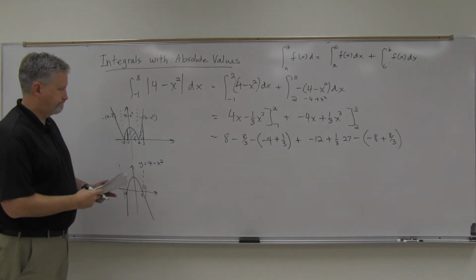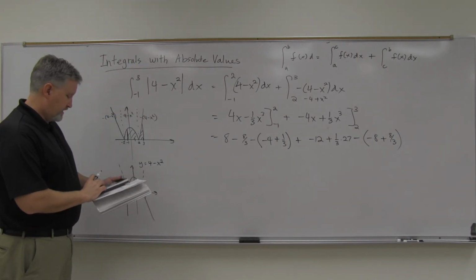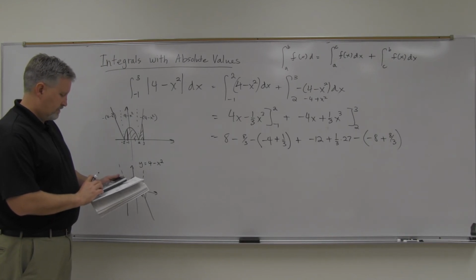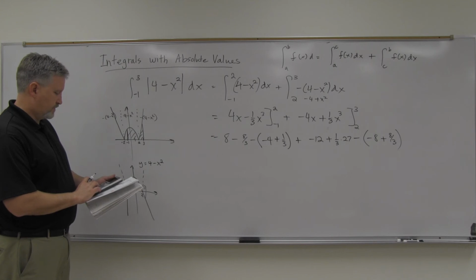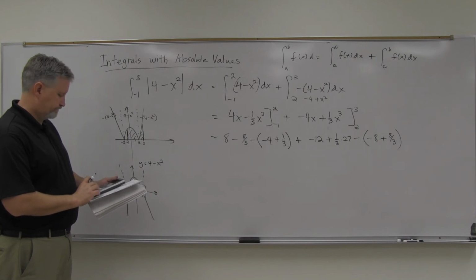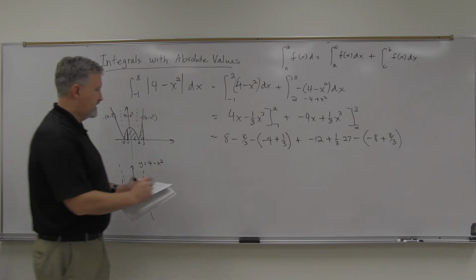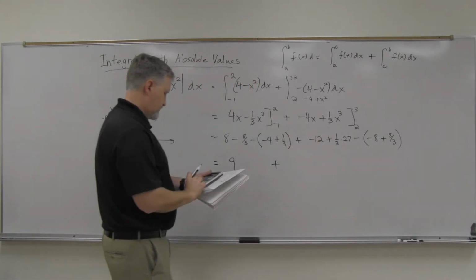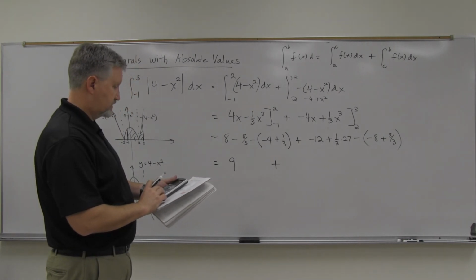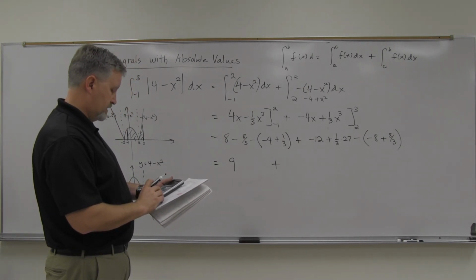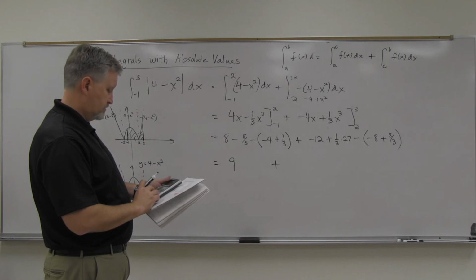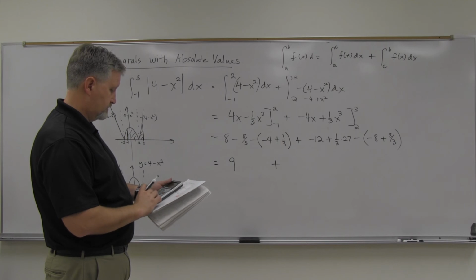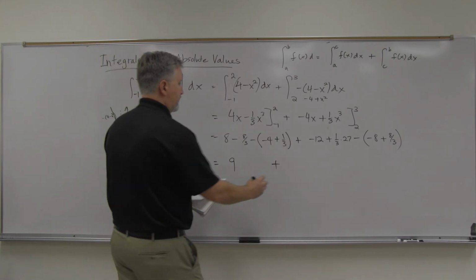That's what we get. So let's see. 8 minus 8/3, minus then a negative 4 plus 1/3, gives me a 9. In this part, negative 12 plus 1/3 times 27, and then minus 8 plus 8/3, gives 2 and a third.